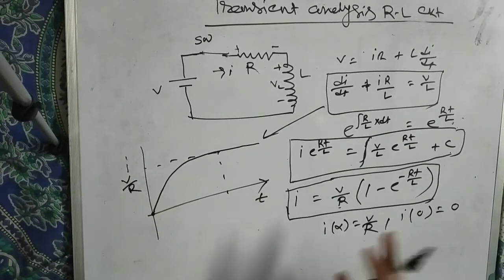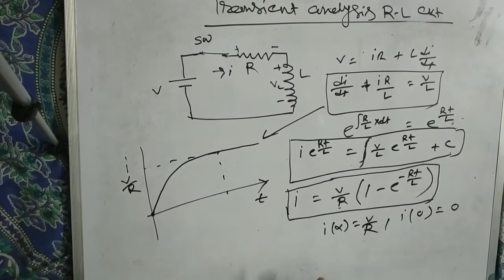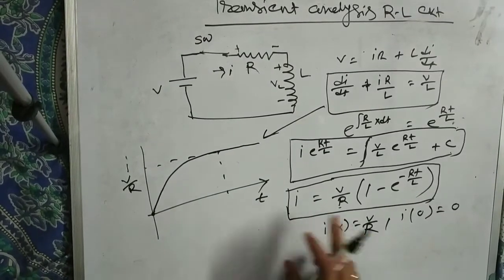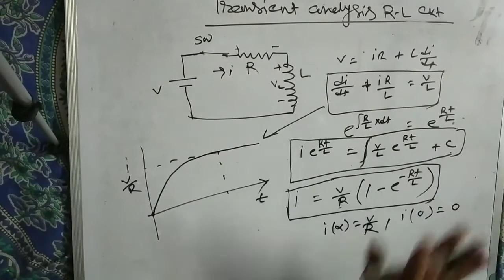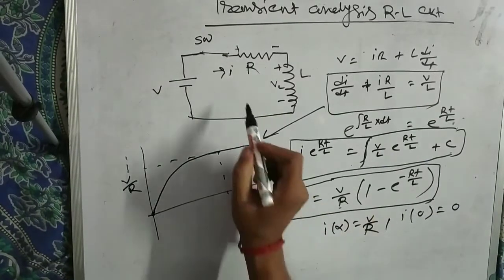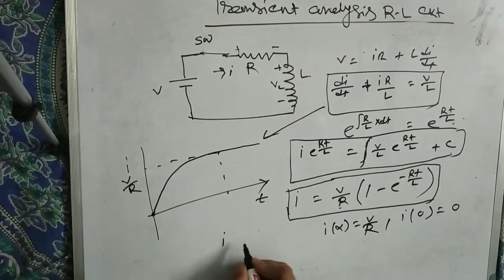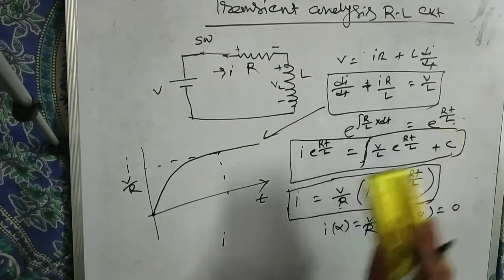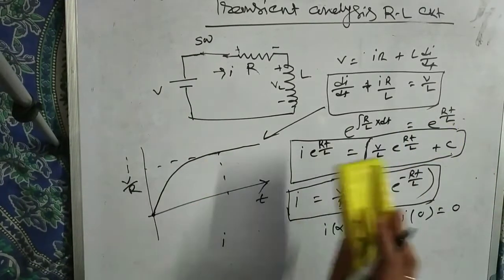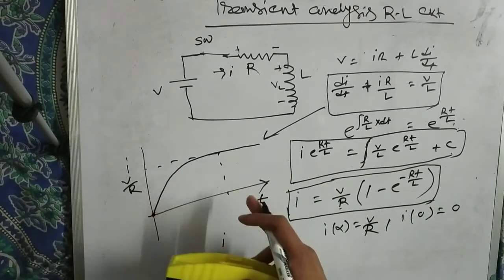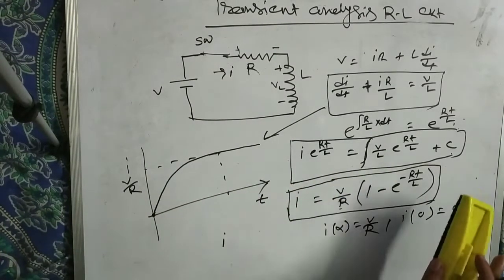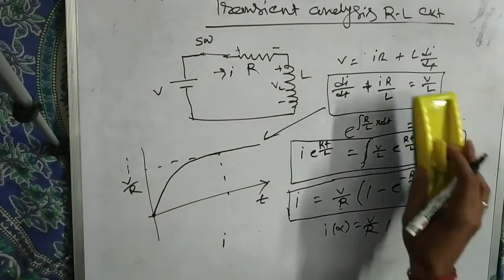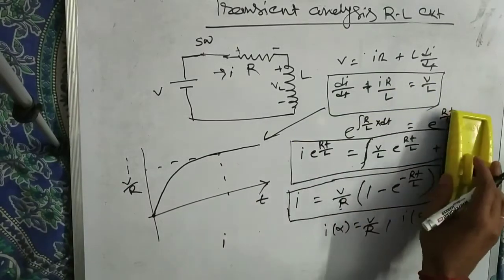At some point of time this circuit current is V by R. Now I am going to give you a small equation for any RL circuit, the current equation. This is the current graph, and let me write the shortcut trick.